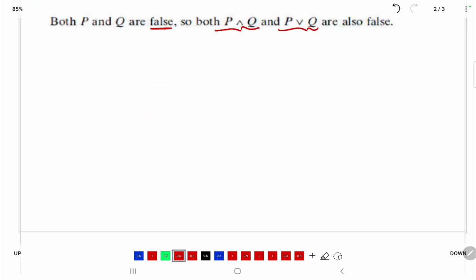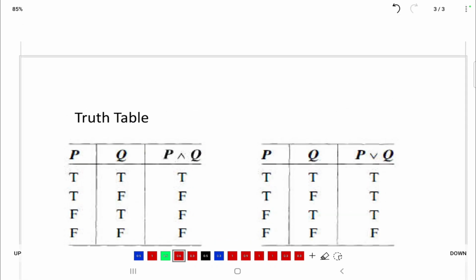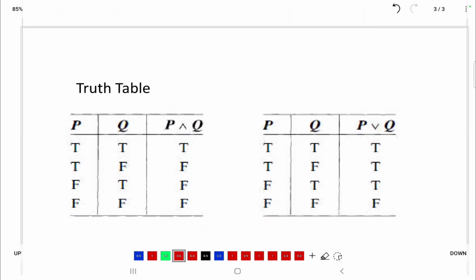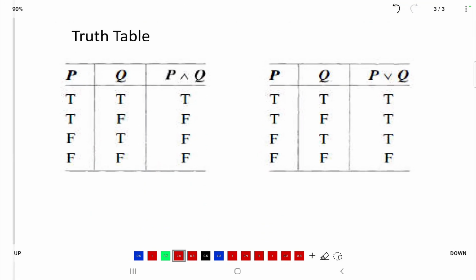Now we can generalize these results as we go through the truth table. This explains the last example, but this is called the truth table. So if P is T, true, F, false.